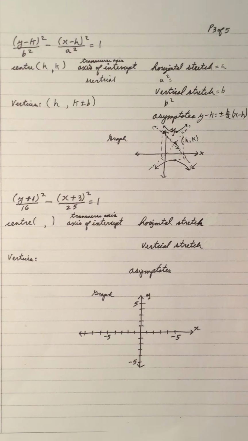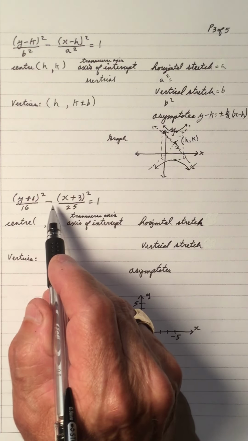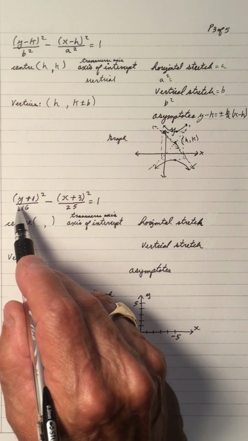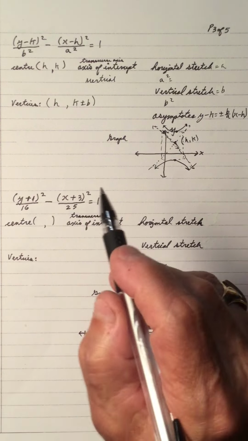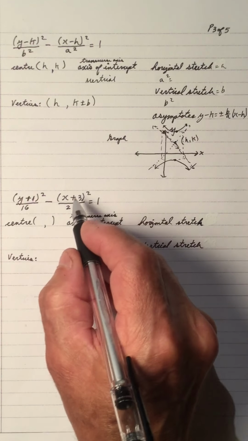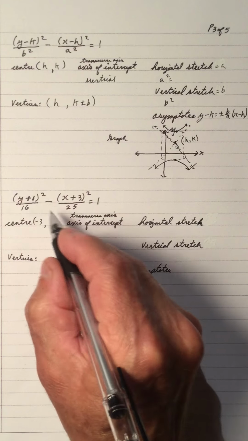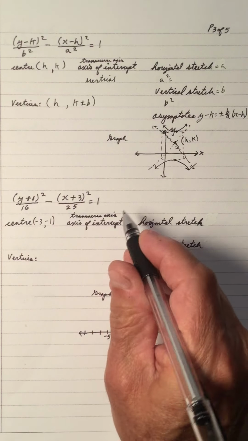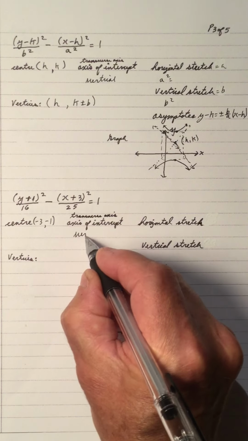Let's do an example. Again, notice that the y is plus and the x is negative. So we have a vertical hyperbola, it's up and down. The center, the opposite of plus 3 is a minus 3. The opposite of a plus 1 is a minus 1. The transverse axis, because the y is positive, is the vertical.